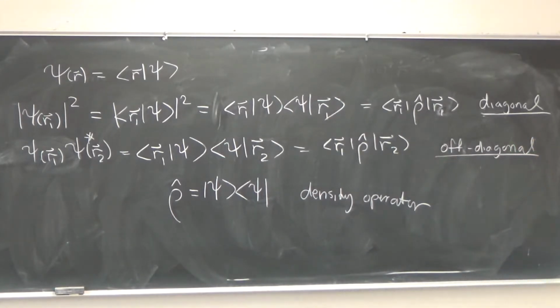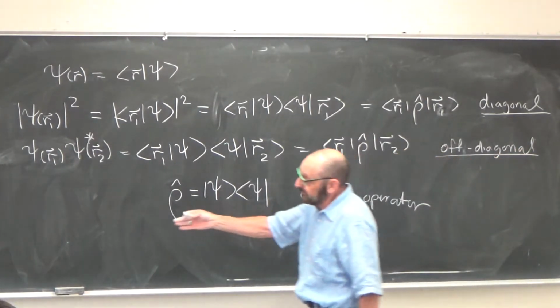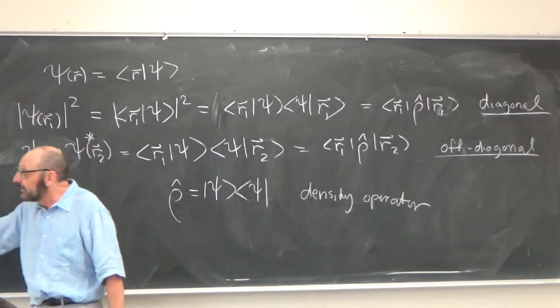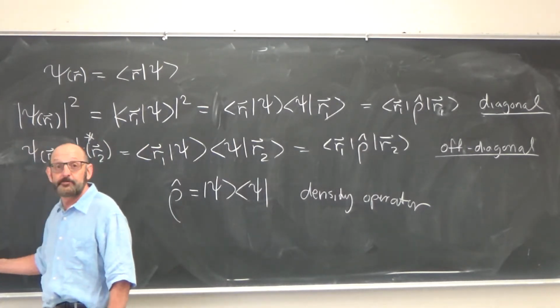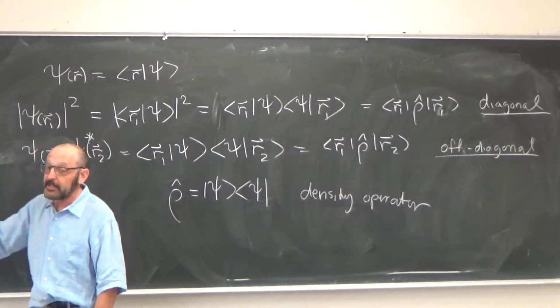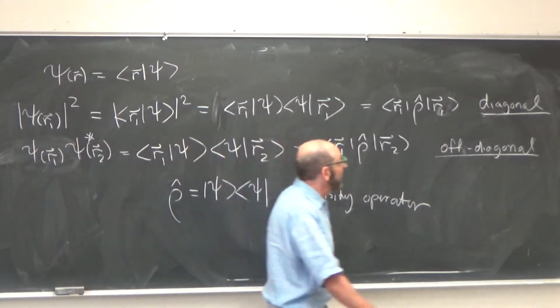The off-diagonal matrix elements of the density operator tell me about the ability to see interference between the alternative paths, whether it went through path 1 or path 2.